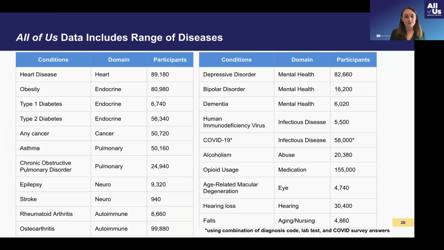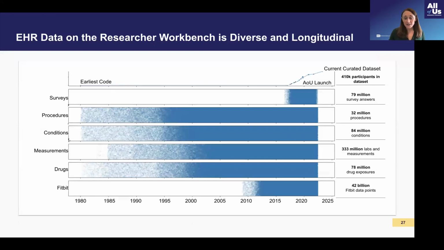All of Us is a disease agnostic cohort, but given the size so far, we have seen a large range of diseases and conditions within our set. So this is just a very broad look at our counts of various diseases within our population. And our electronic health record data, and Fitbit data as well, is longitudinal.